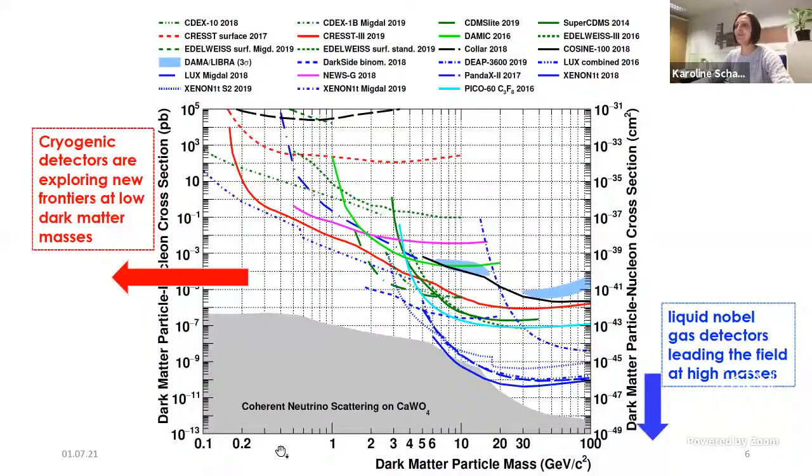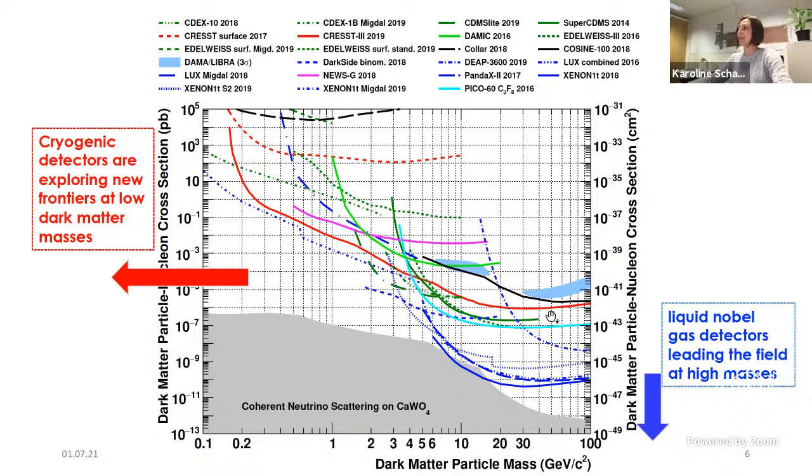And just a brief reminder, the solid state detectors have good performance in the lower dark matter particle mass regime, so below a couple of GeV, reaching down. In this sector here, where you see all these blue limits, they are from xenon and other liquid noble gas experiments.